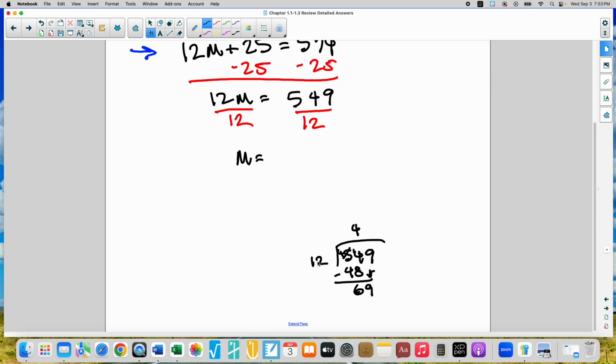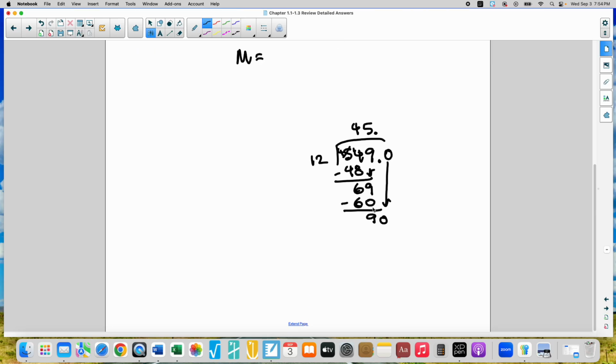69. What's that going to be? 5 is 60. Let's make a decimal there. 60. 9. So that decimal goes there. We're going to add a 0. Bring it down. 90. 12 goes into 90. 7 is 84. Yeah, I think 7 is 84.